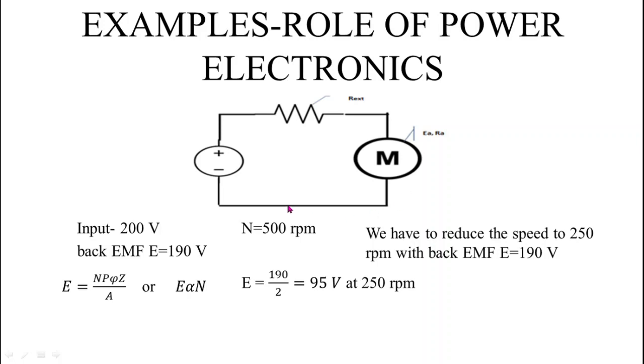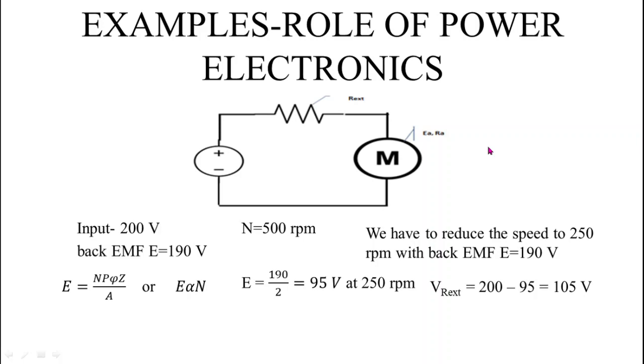Now we will apply KVL in this circuit. When we apply KVL, we get the drop across this external resistance. And what is the drop across this external resistance? That is the input voltage V minus this EMF E. So the drop across the external resistance will be 200 minus 95 volts, that is 105 volts.